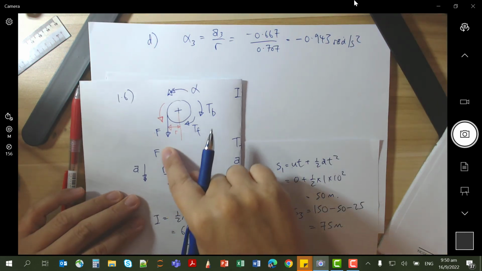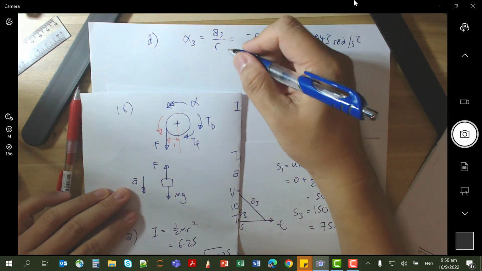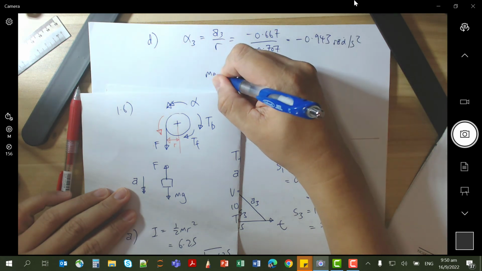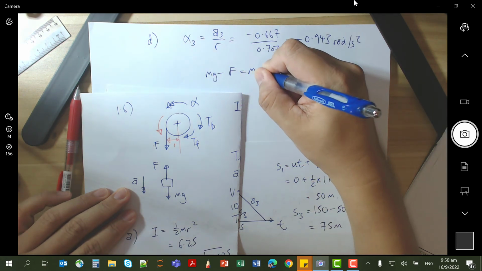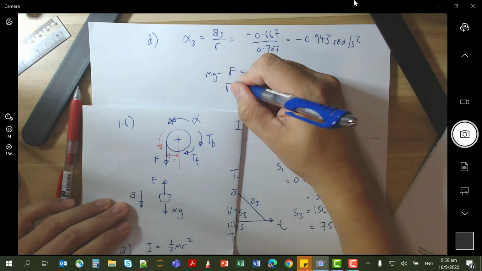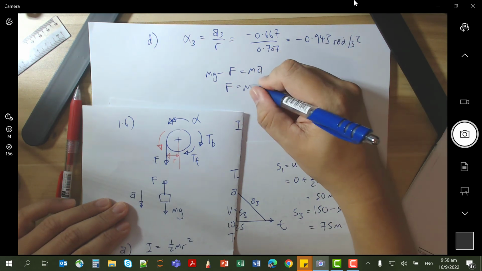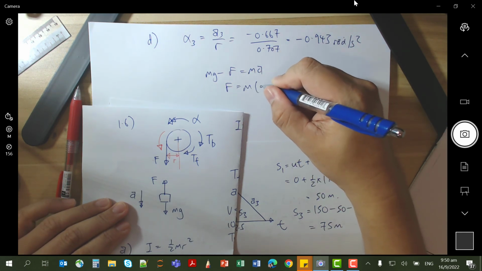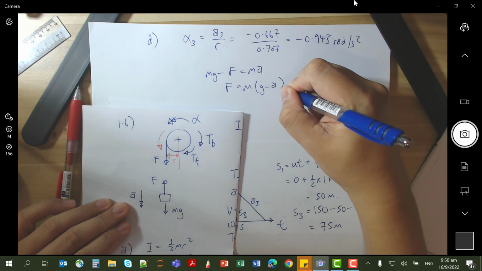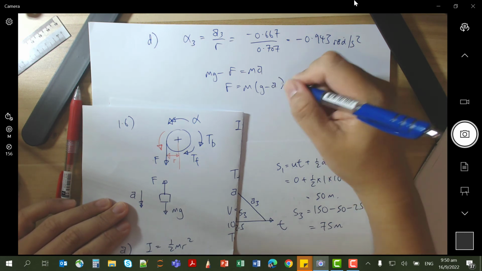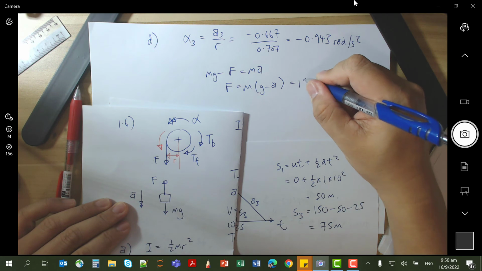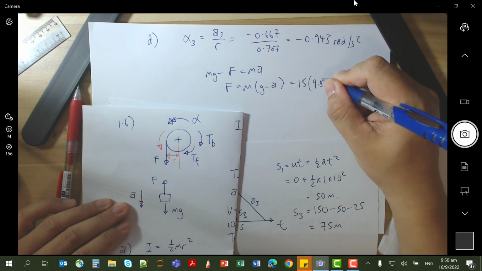Let's look at the linear part first. The equation is the same. So now the new tension is how much? New tension is, let me see, 59.81.